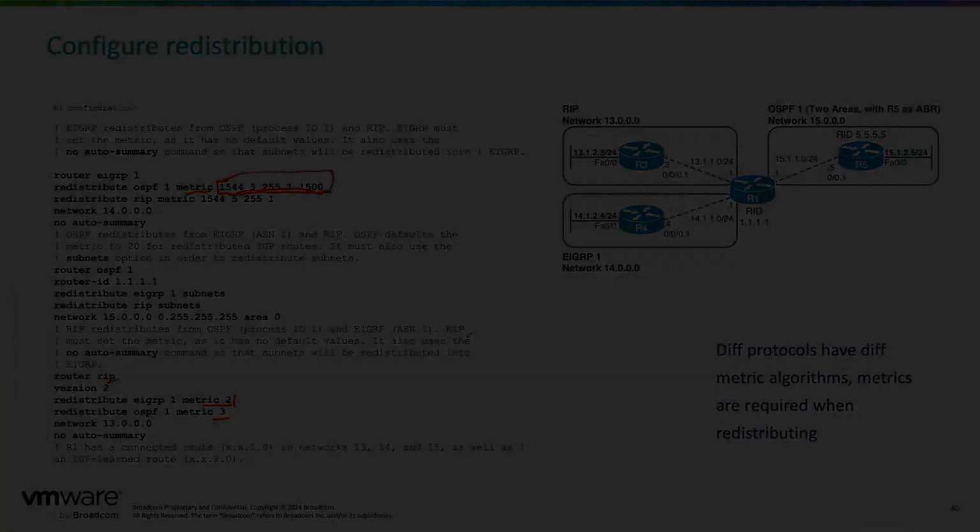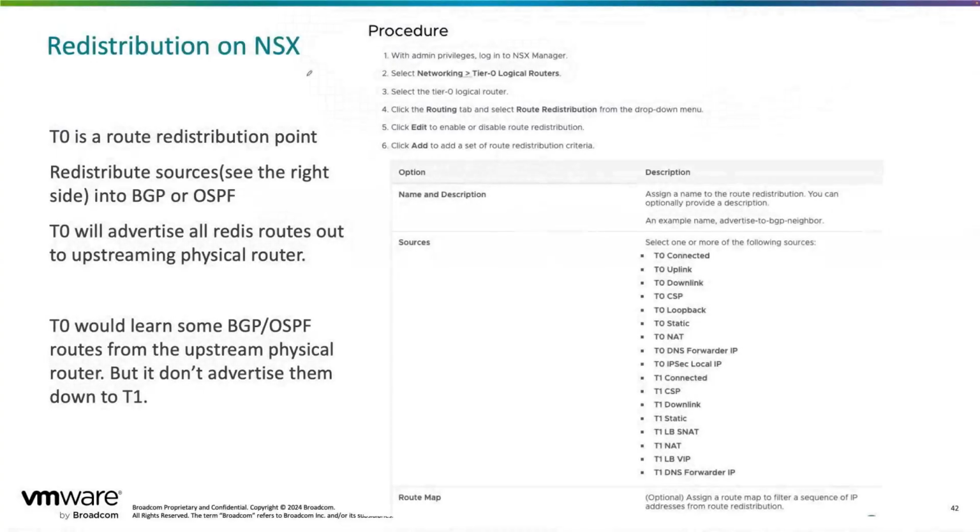Let's talk about redistribution on NSX, because some guys are familiar with NSX. So where is the redistribution point within the NSX system? Only T0 is a route redistribution point. So what routes are redistributed on tier 0, or the T0 router?